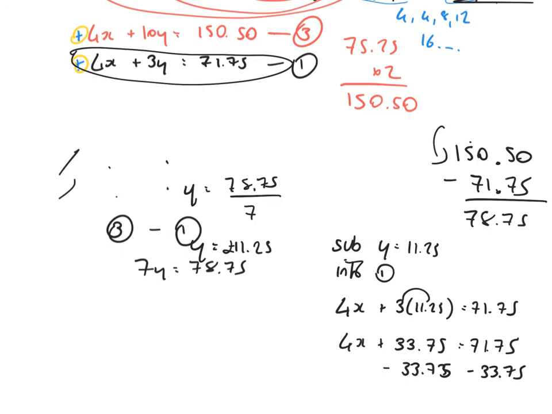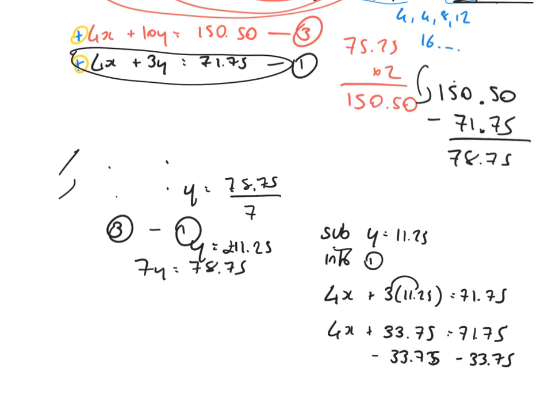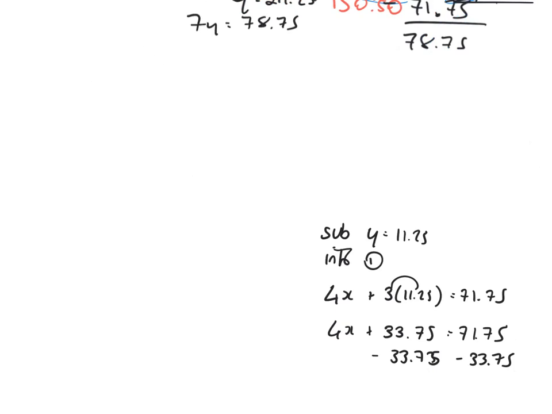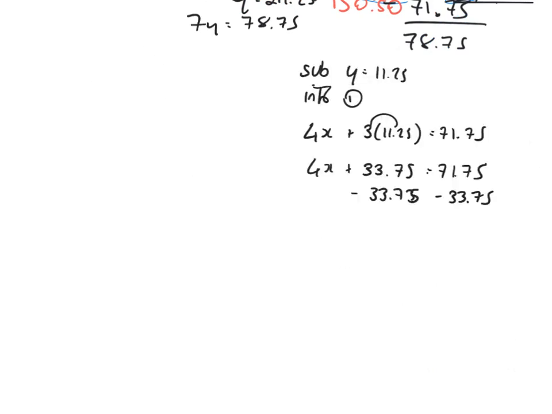Take your time with this one. And that will give me 4x equals £38. I'm going to now bring the 4 down and divide. X equals 38 over 4.